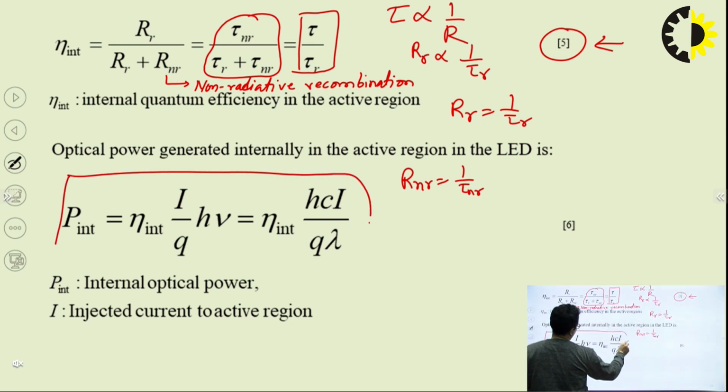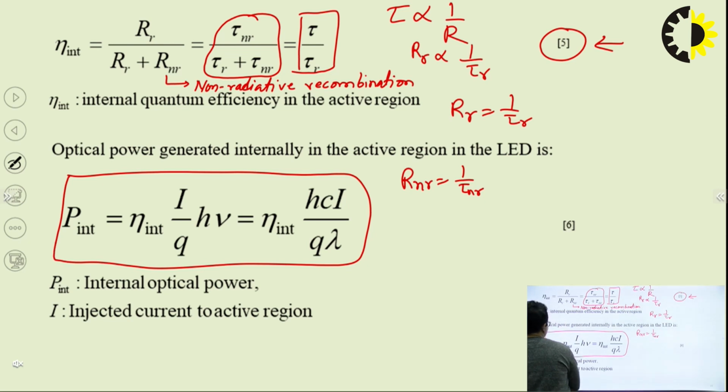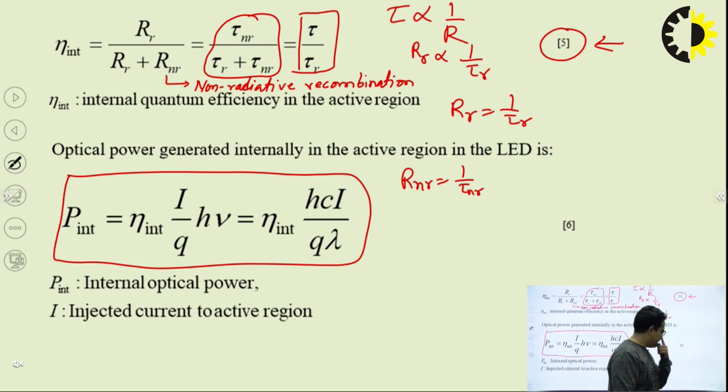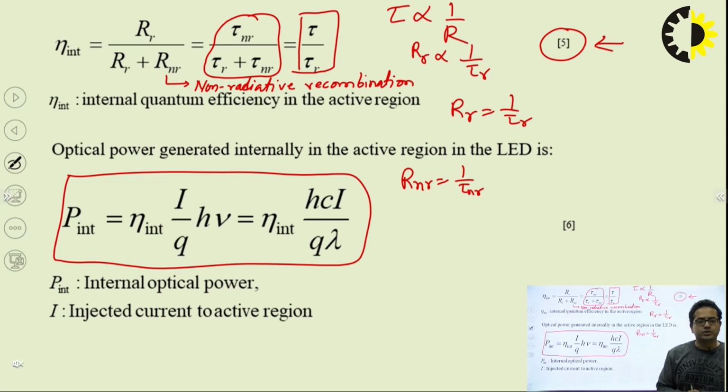We are not deriving this formula because it is already given in all the books of optical communications, whether you consider Senior or Keiser. All these books cover the derivation of the internal optical power generated in the active region of the LED.